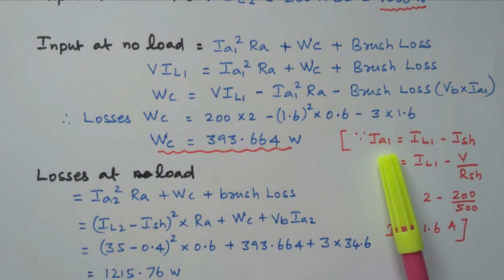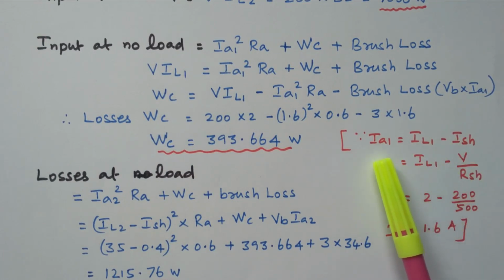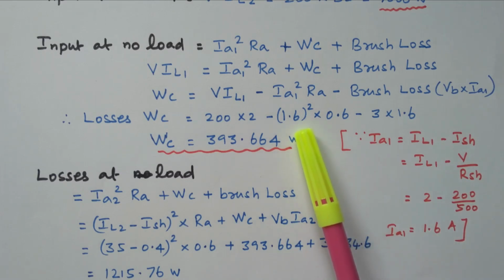IA1 equals IL1 minus ISH. In the shunt motor, this is the basic formula. IL1 is available, the no load current of 2 A. ISH can be calculated as V divided by RSH, because the shunt field is connected across the supply. The same voltage is applied across the armature, field and load. So V is 200 and RSH is 500. By simplifying this, we get 0.4 A, so IA1 is 1.6 A.